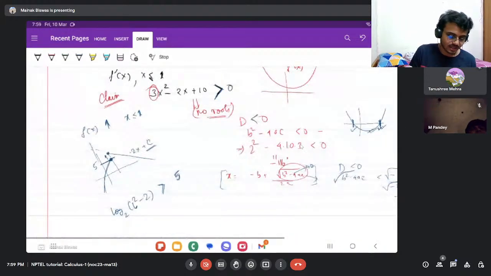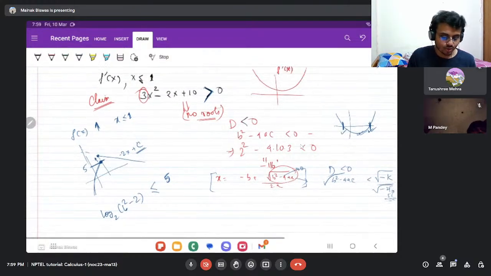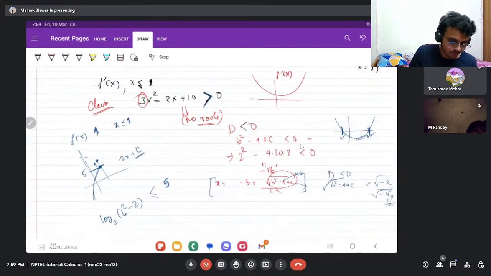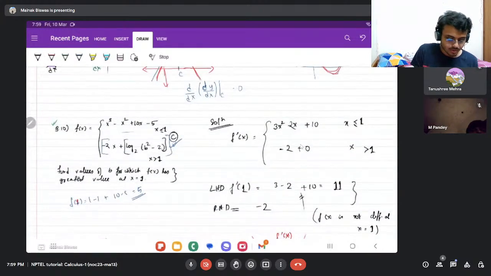It means it should be less than or equal to 5, right? I am a bit wrong here. Less than or equal to 5, not greater than. Because f of 1 is defined that way. So f of 1 is 5, right?